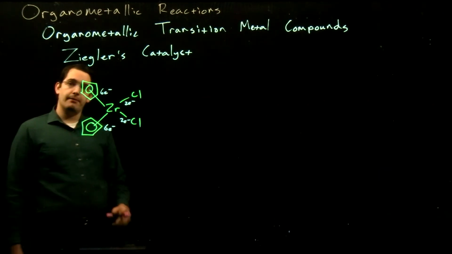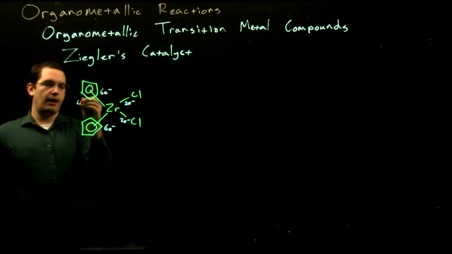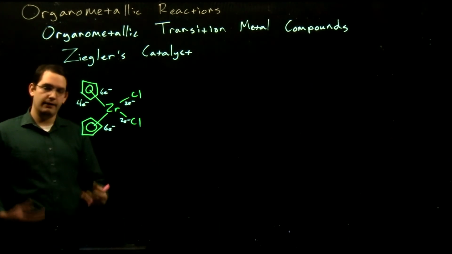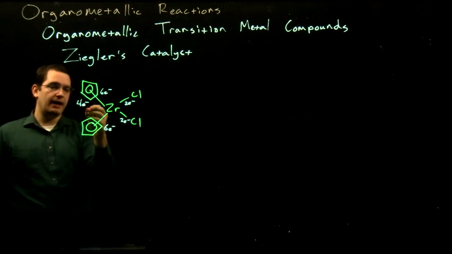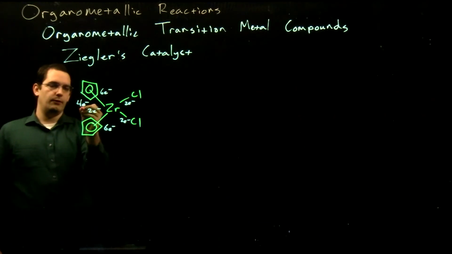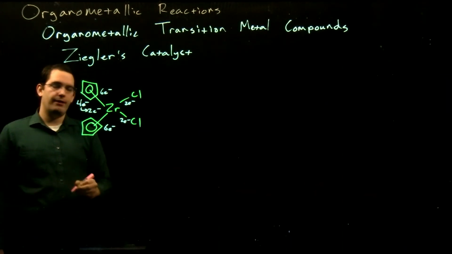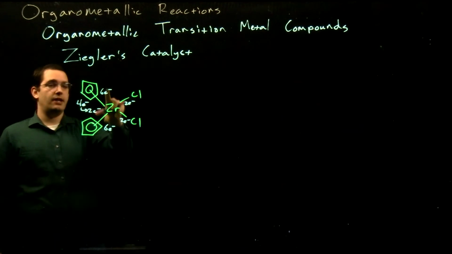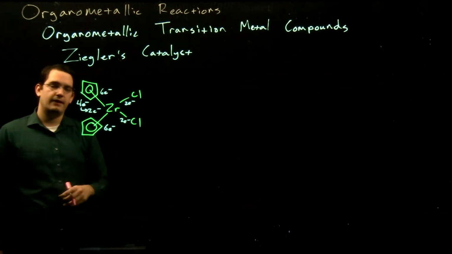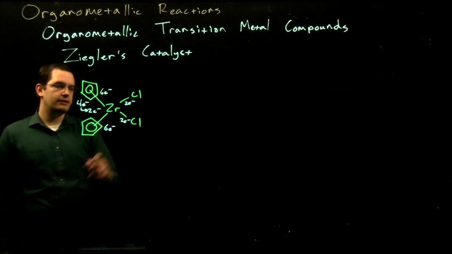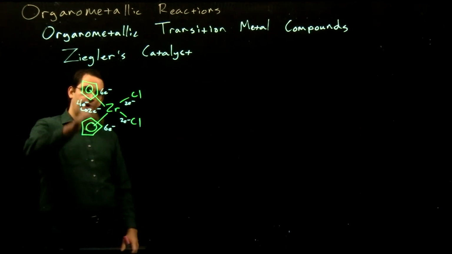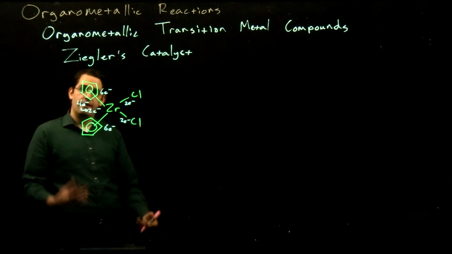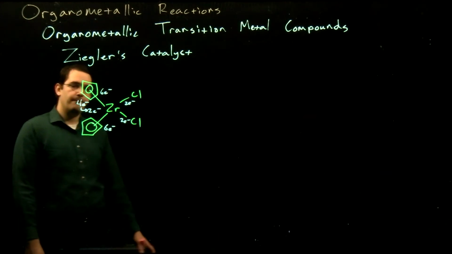Our zirconium atom here actually starts with 4 valence electrons based on its position on the periodic table, but it forms a 2+ cation, so it has 2 less electrons here. So we've got our 2 electrons from around our zirconium atom itself, sharing 6 each with these aromatic rings, 2 each with these 2 chlorines to get our full 18 electrons. So again, 6, 6, and 6 makes that 18 electron rule fulfilled.